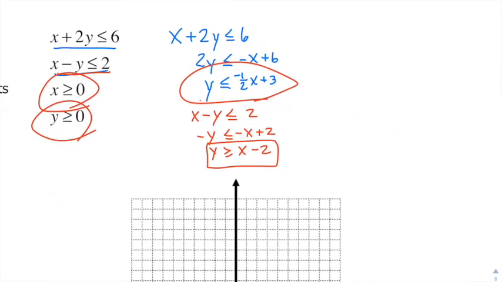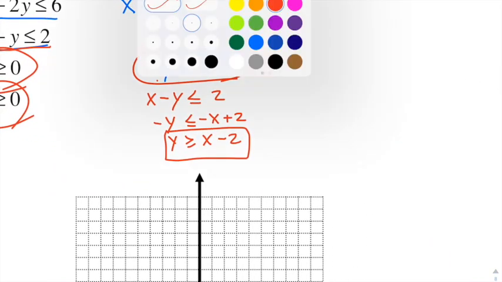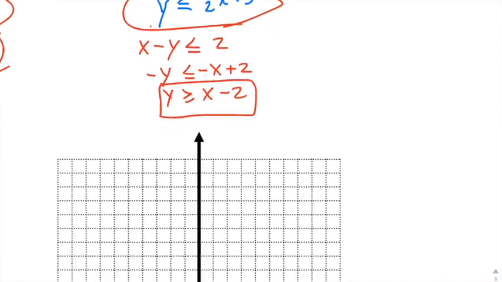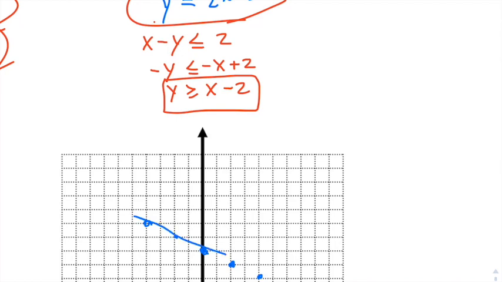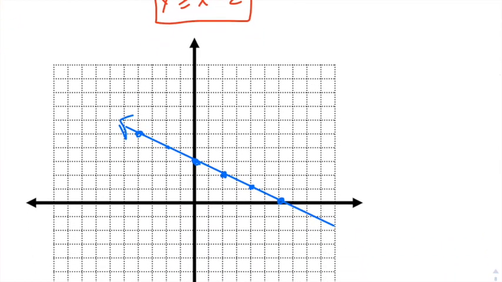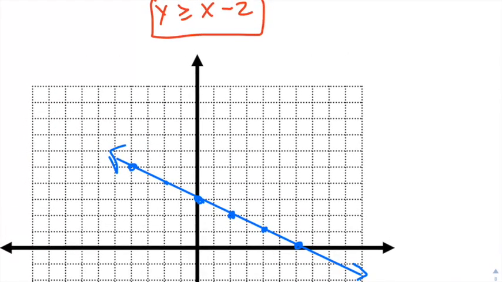Okay, so let's start out with the blue equation here. Starting at 3, and then going down 1 over 2. I'm not sure how far we need to go, so I'm just going to graph that. It's less than or equal to, so it's going to be a solid line. Okay, this next one in red starts at negative 2, and it's got a slope of 1, so up 1 over 1.